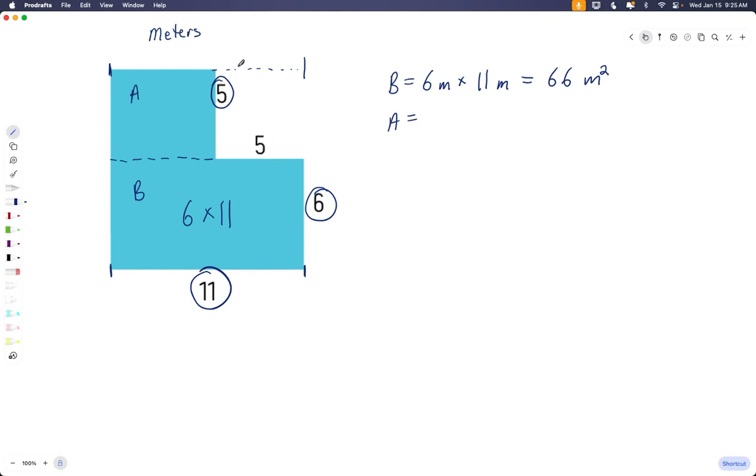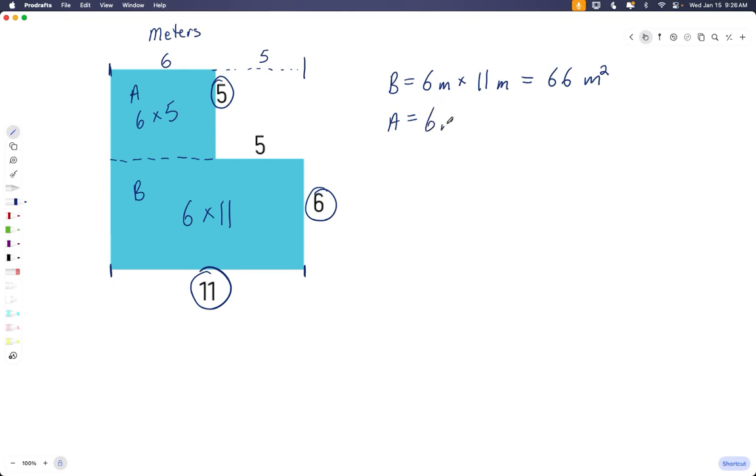This tells me that from here to here is 5. So if the whole thing from one side to the other is 11, and this is 5, then this must be 6, because 6 plus 5 make 11, which is the total width, right? So that means that A is 6 times 5, 6 wide and 5 tall.